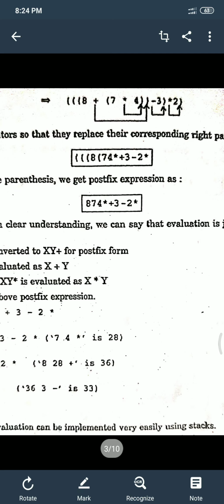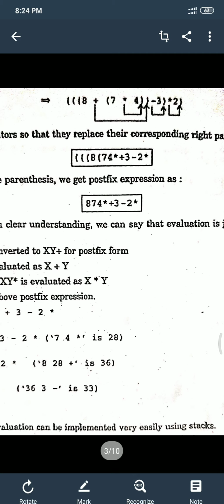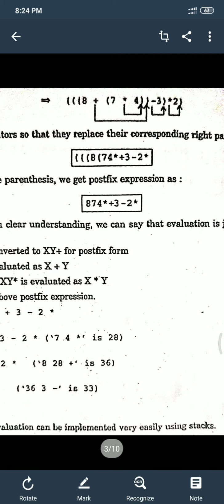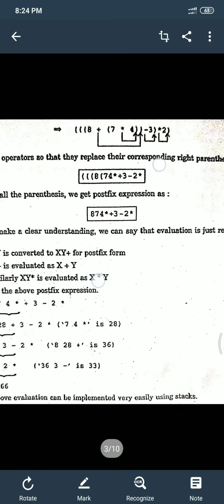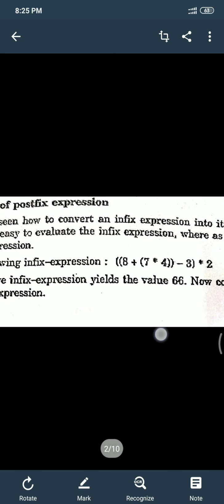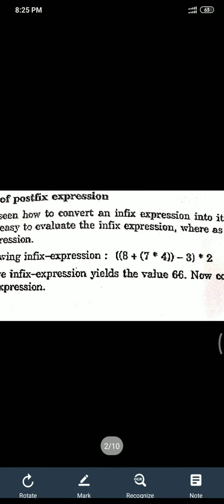First we have 7 into 4, that is 28, and then the second parenthesis, 28 plus 8, which gives 36, and the third parenthesis, 36 minus 3, which gives 33, and at last 33 is multiplied with 2, which gives 66. The given infix expression result will be 66.